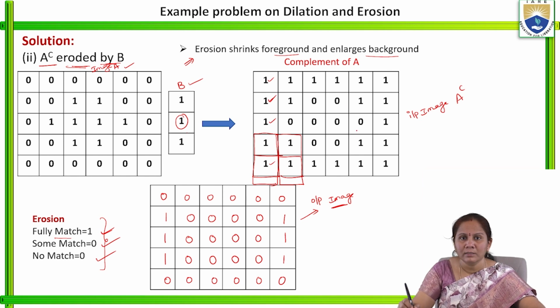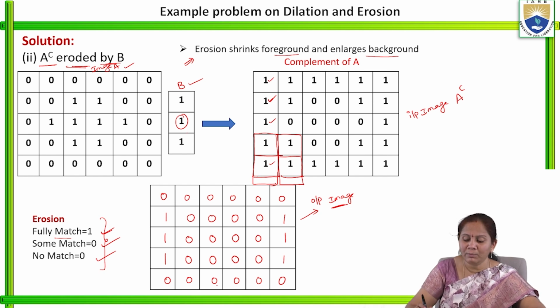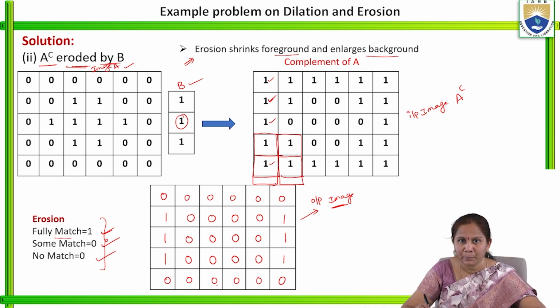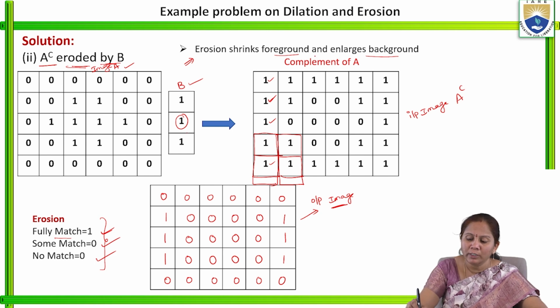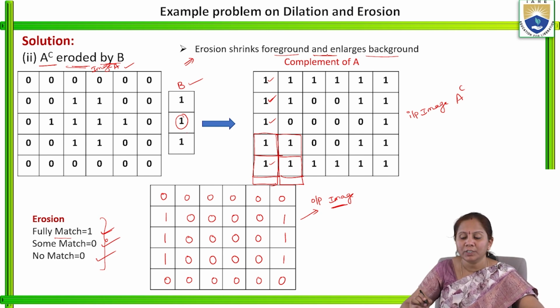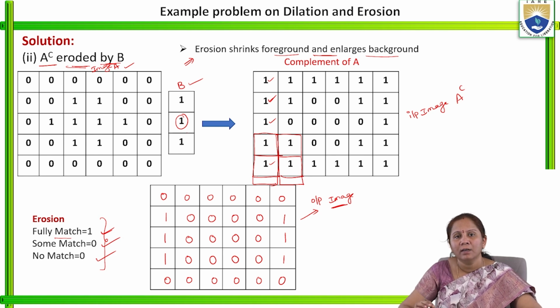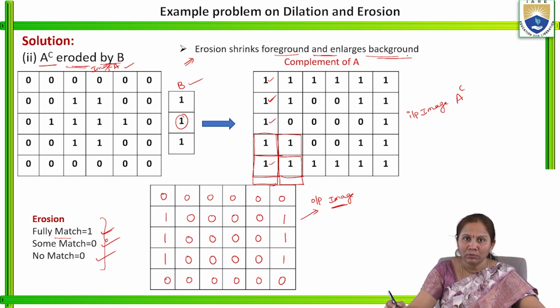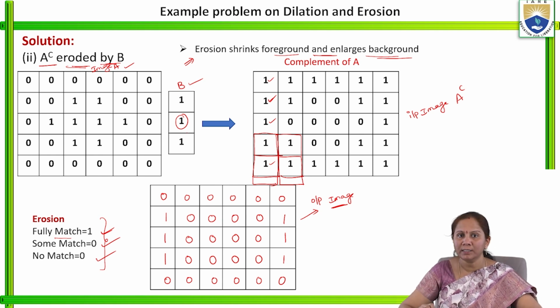And in the complemented image A, the number of ones is more, whereas in the output image the number of ones is less. As I told, ones represent the foreground and zeros represent the background. So according to this, erosion shrinks the foreground, making the number of ones fewer, and enlarges the background, as the number of zeros is increased here.